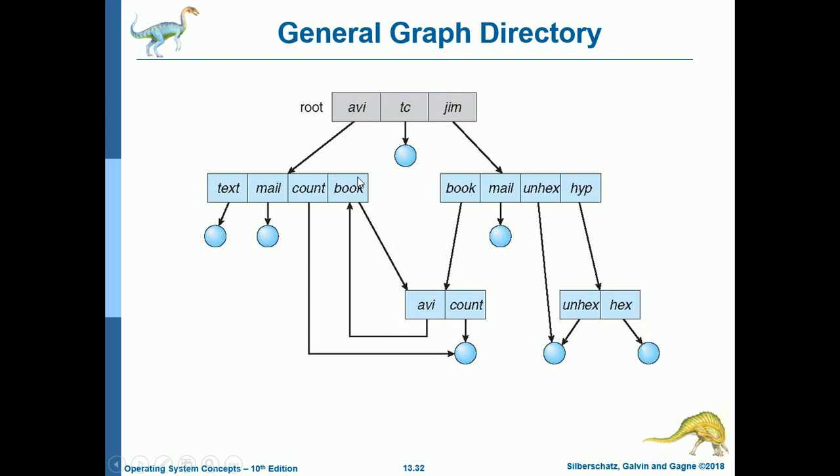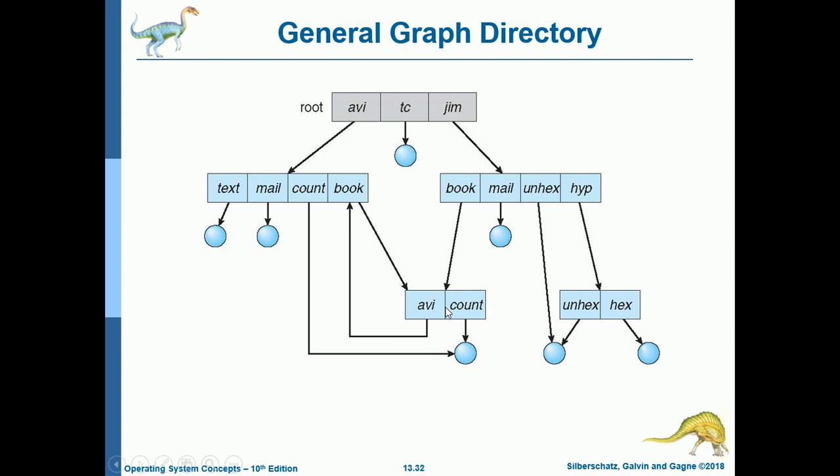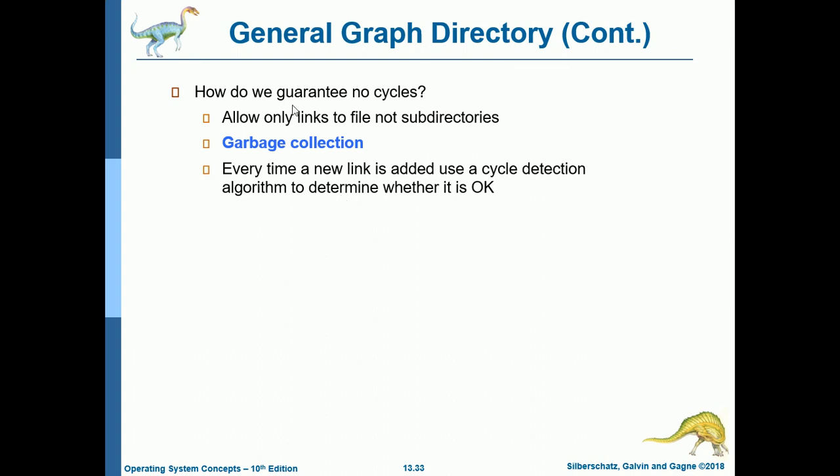So that is the general graph directory. How do we guarantee no cycles? Allow only links to files, not subdirectories. For this example, the AVI folder also has a shortcut here, and that is okay because to guarantee no cycles, we allow only links to files, not subdirectories.